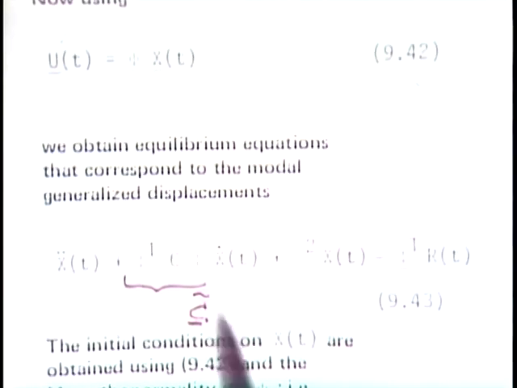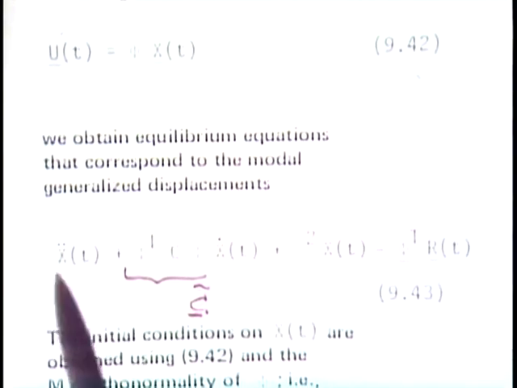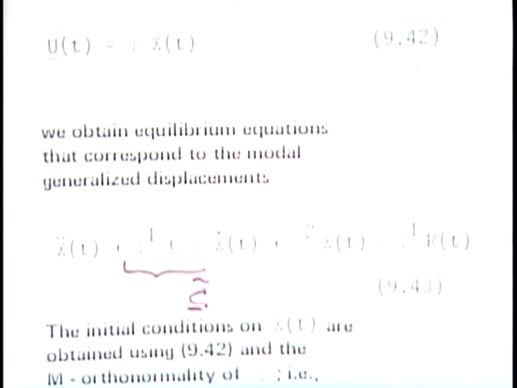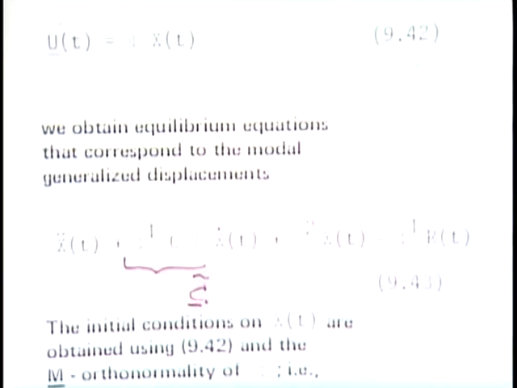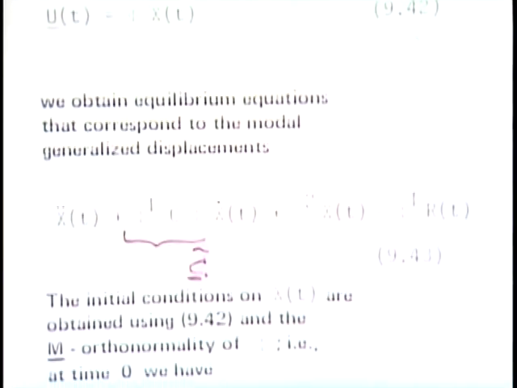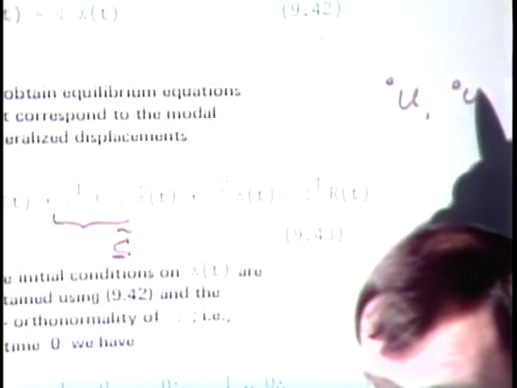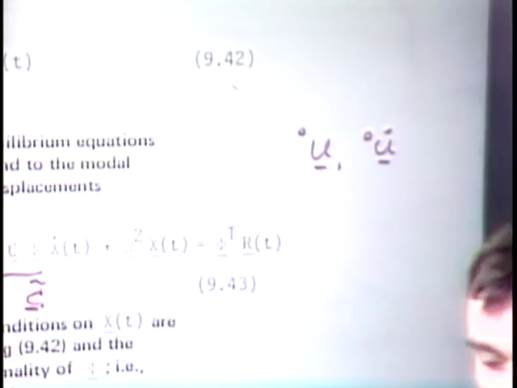How do we solve these equations? Well, we have to recognize, of course, that we have to include the initial conditions of the problem. The initial conditions mean that the initial displacements are defined and the initial velocities are defined.